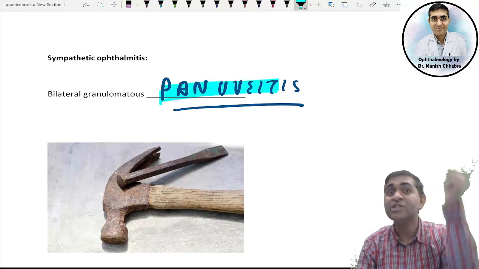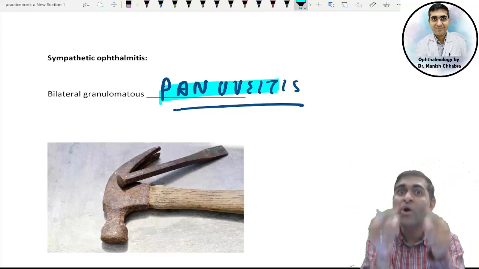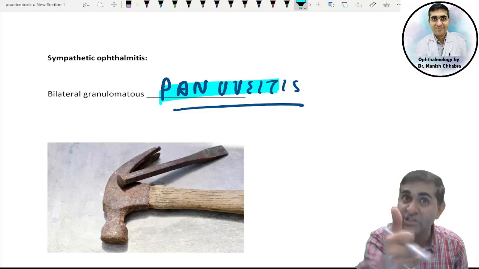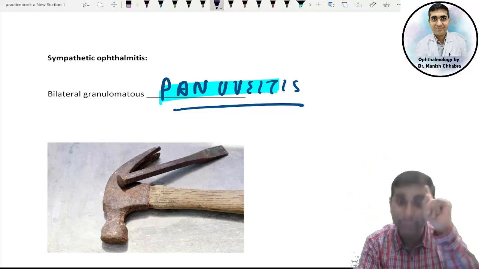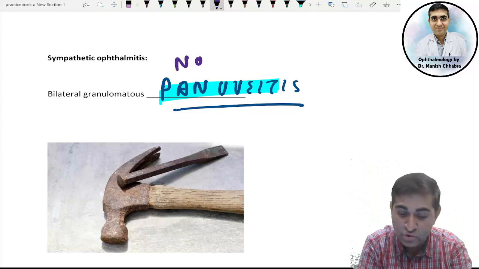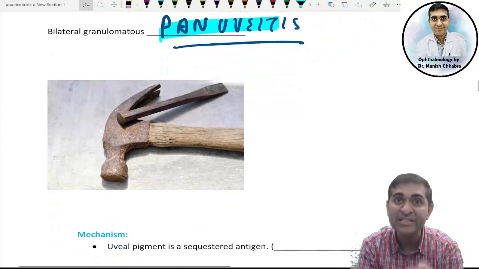But if there is involvement of all the layers, all the coats of the eyeball, which is retina, choroid, sclera, you call it as panophthalmitis. But mind you, this uveitis is non-suppurative.